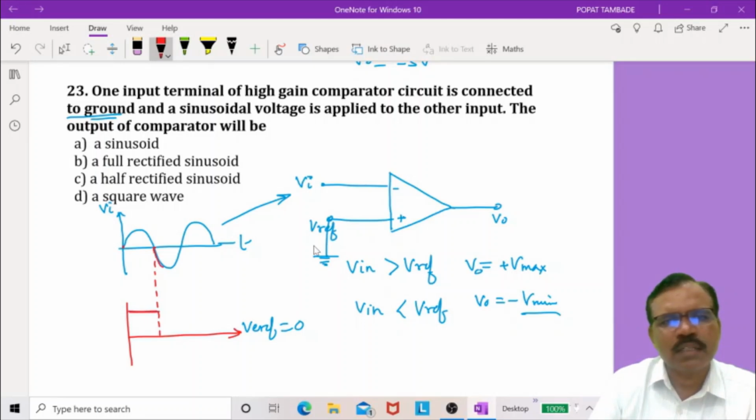For this part, V in is less than V reference, negative voltage, so the output will be V minimum. And then for this part, like this. So you will have a square wave.